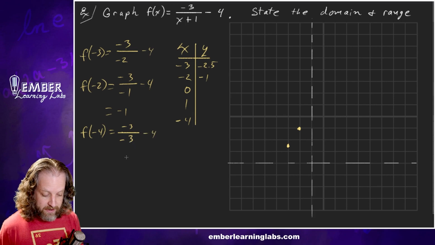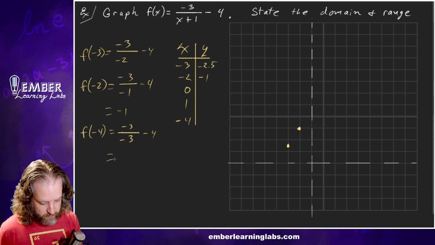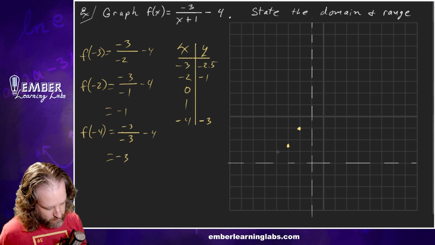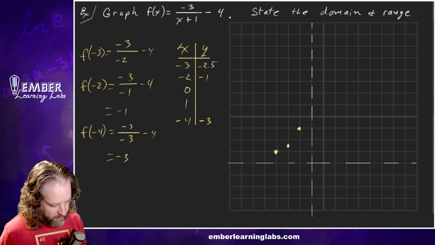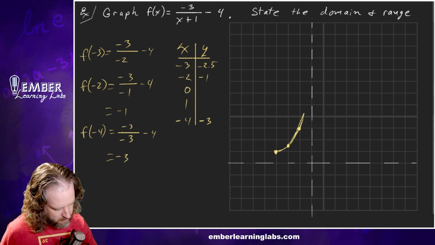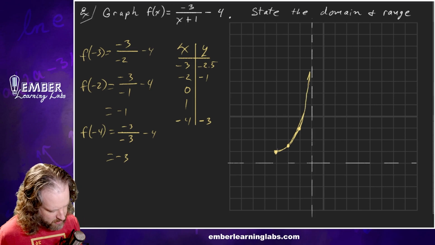So -3 over -3 is 1. 1 minus 4 is -3. So -3. All right, so -4, -1, 2, 3. There we go. That's probably enough to be getting along with. Putting that in there. And connect those dots.